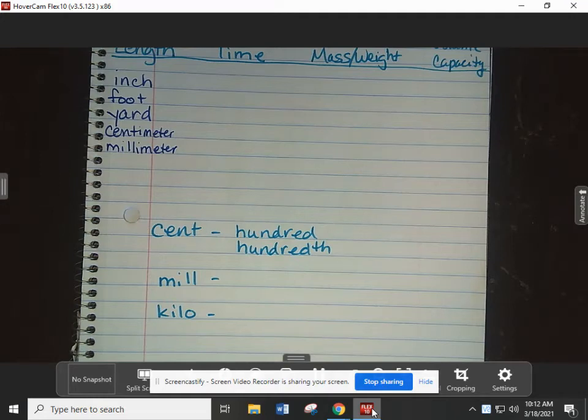If we look at the word mil, it means 1,000 or 1,000 with a TH.